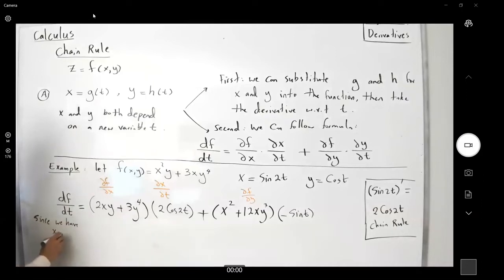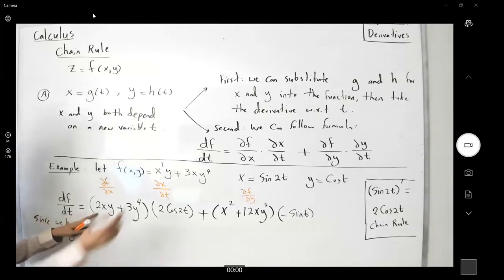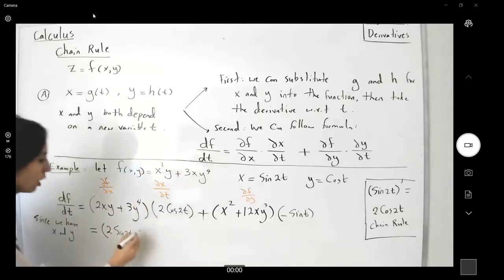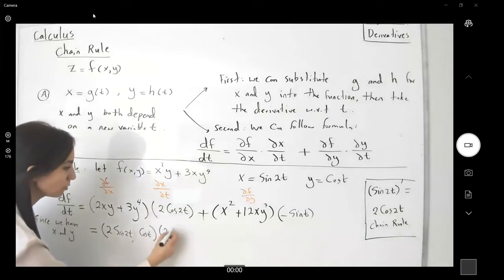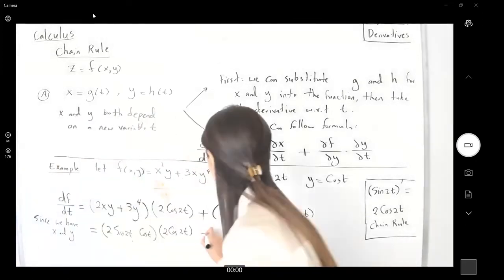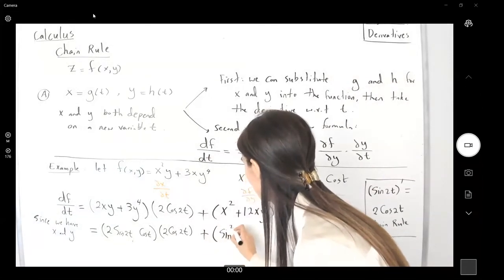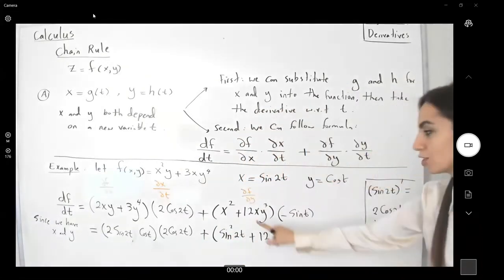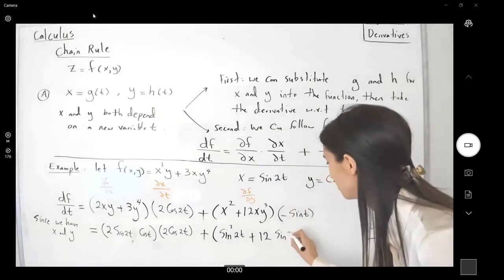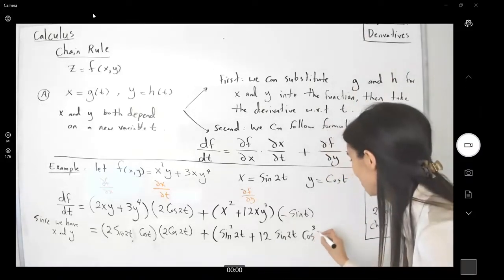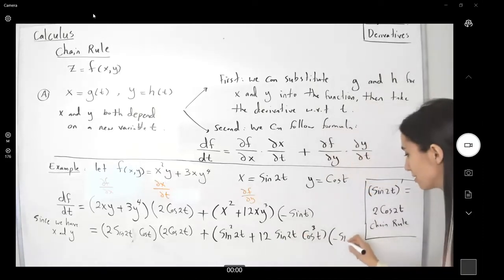This is going to be equal to 2 times x, and x is sine 2t, so 2 times sine 2t times y, and y is cosine t, times 2 cosine 2t, plus x squared, sine squared of 2t, plus 12 times x, sine 2t, times y to the third, cosine to the third, times negative sine t.